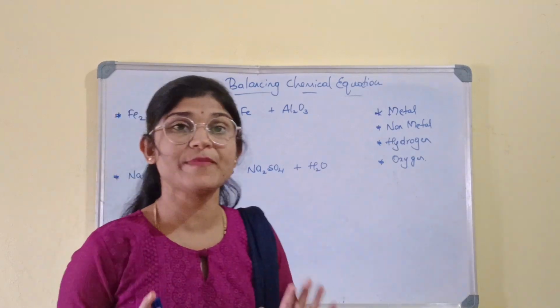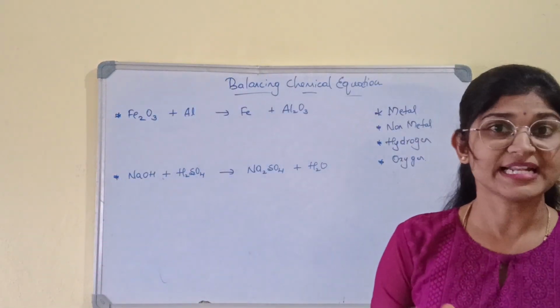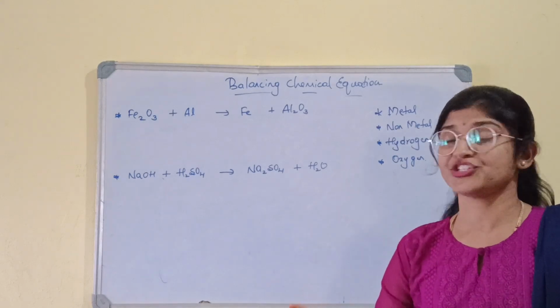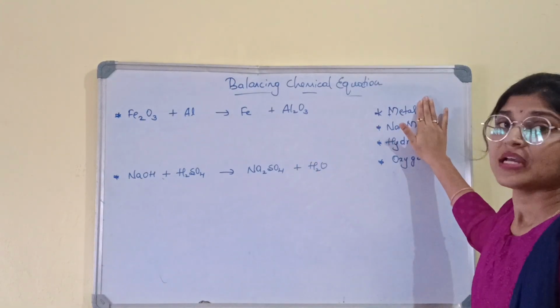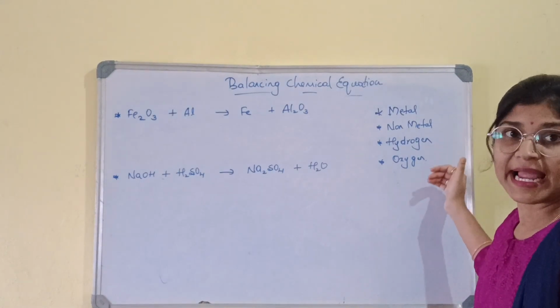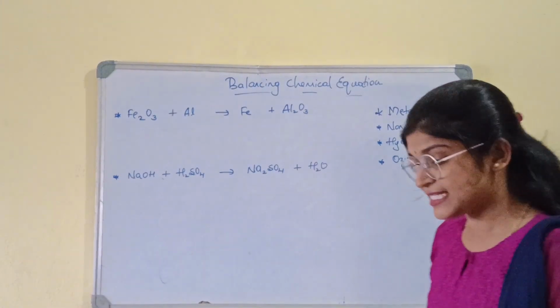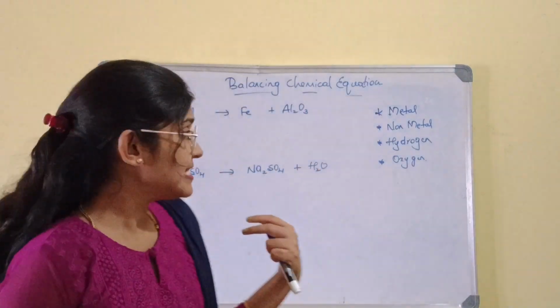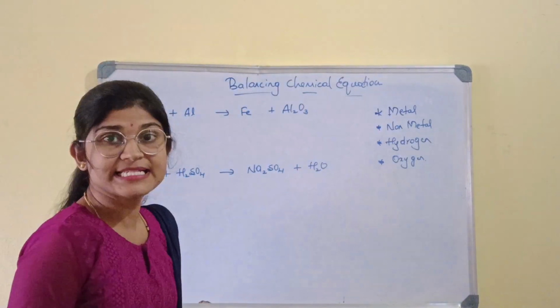First always try to balance the metals present in the chemical equation, next non-metals, next hydrogen, and last oxygen. So let us study balancing the equation by taking some examples.